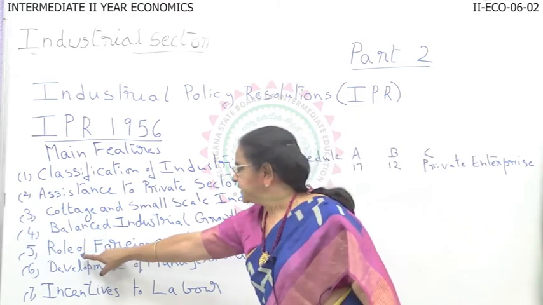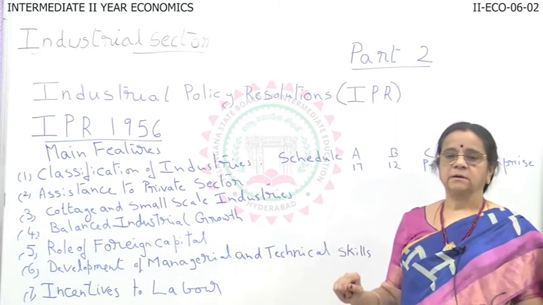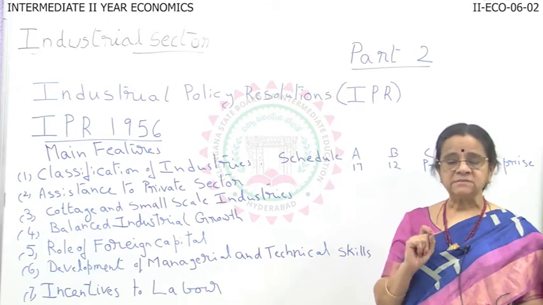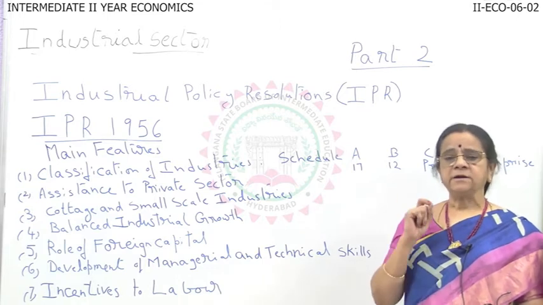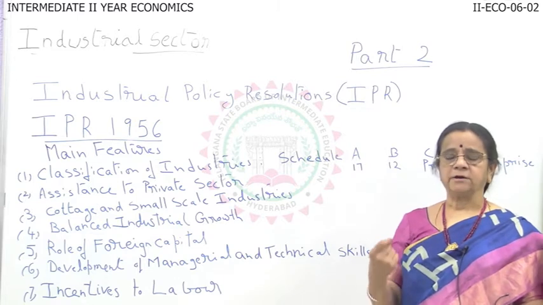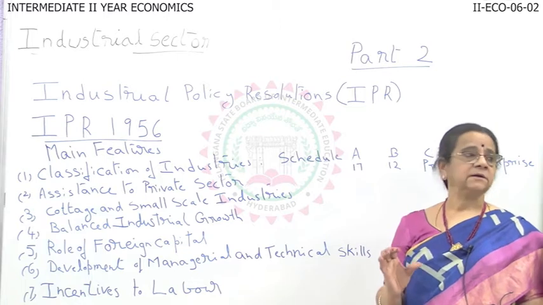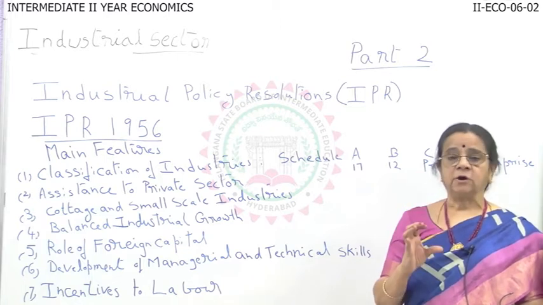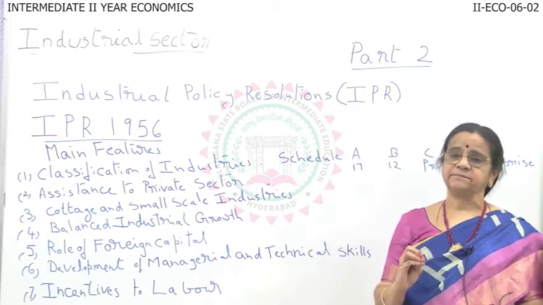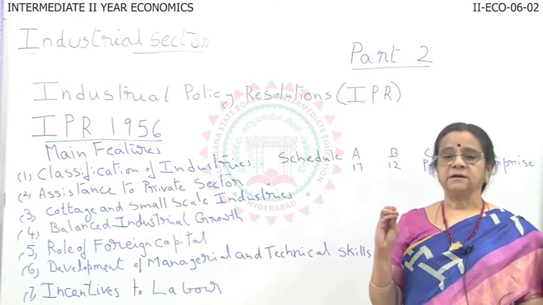Then, fifth is the role of foreign capital. So, government welcomes foreign capital investments in India. Foreign capital is welcome, but it made it very clear that the management of industrial units should be only in the hands of Indians.